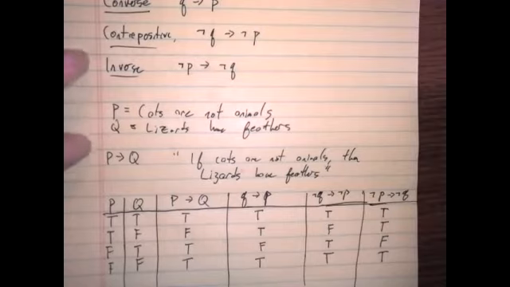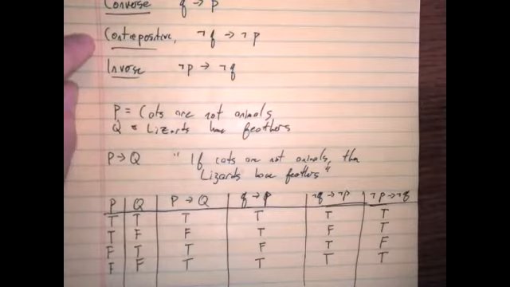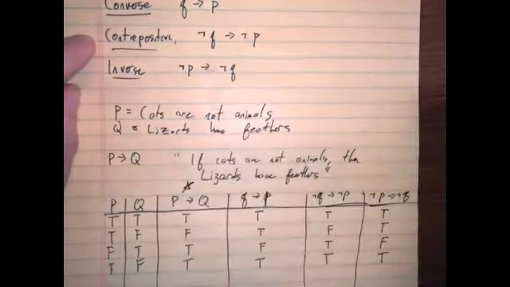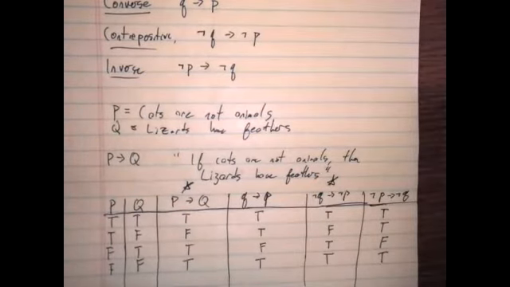In particular, what's the relationship between the implication P implies Q and the contrapositive not Q implies not P? Can you repeat the question? Yeah. What is the relationship between this line of the truth table and this line of the truth table?